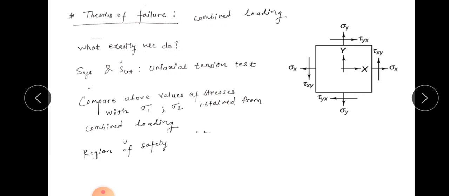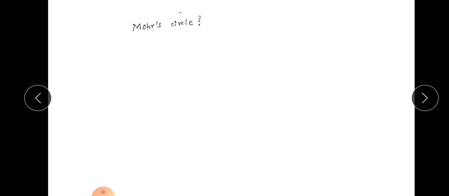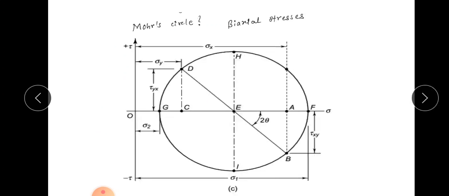I will explain later how we draw the region of safety. Now one question may arise in your mind: we have already studied the Mohr circle construction method for biaxial stresses, where we can find the values of sigma 1 and sigma 2 as well as tau max, the maximum shear stress. Then what is the need for the region of safety, or for the theories of elastic failure? You should understand that from the Mohr circle we only get the magnitude of the stresses.